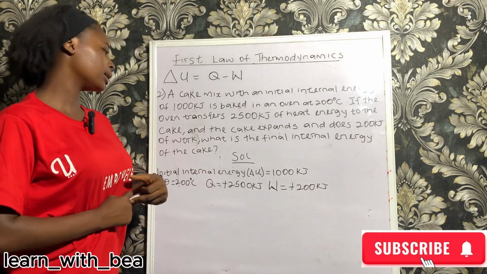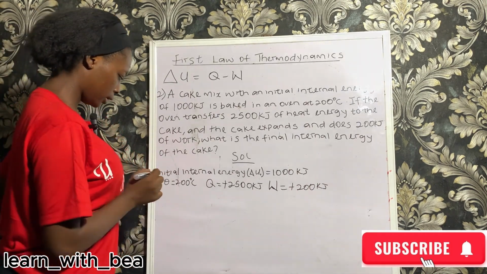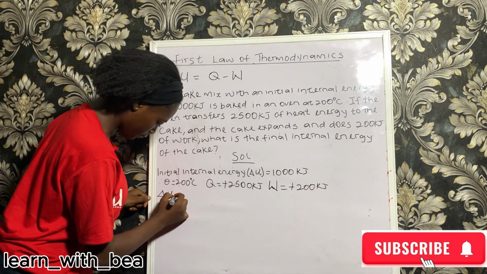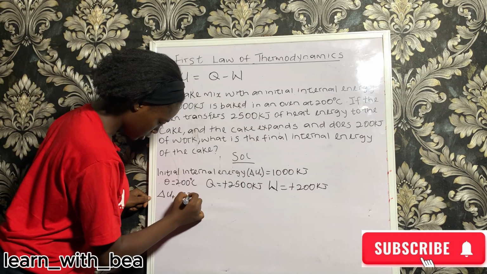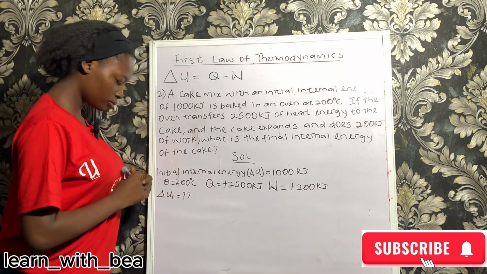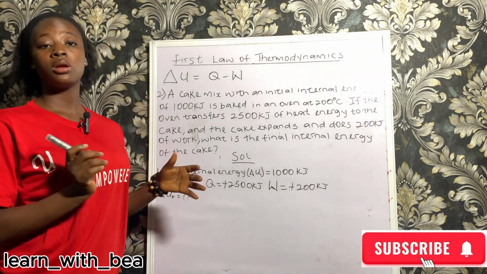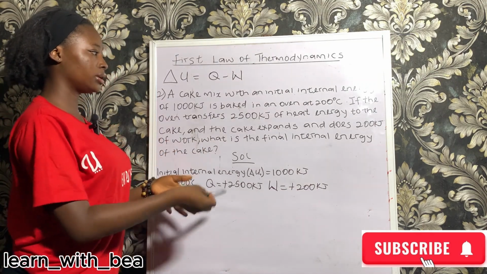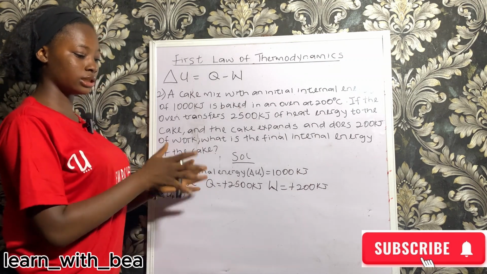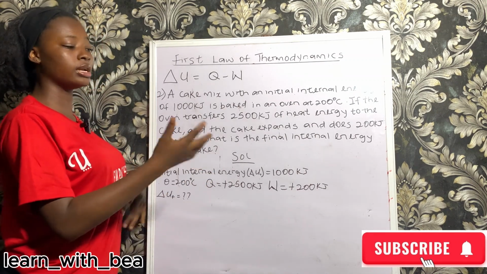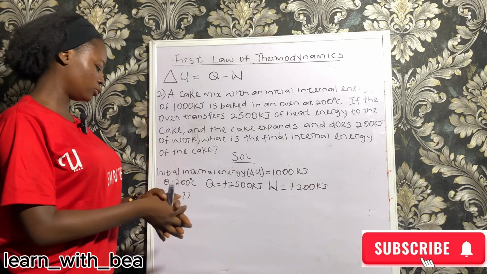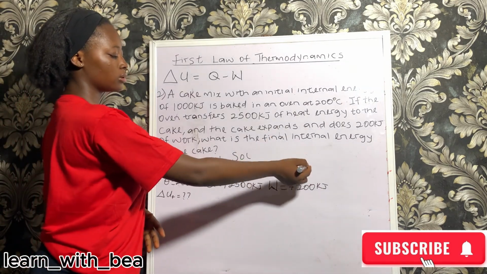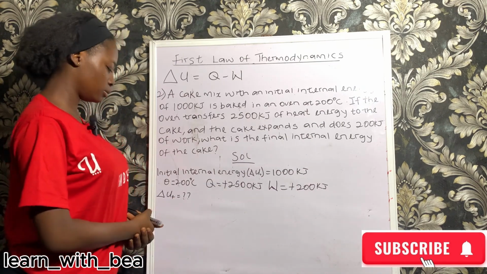What is the final internal energy of the cake? So delta U F is what we are looking for. In this case, we have an initial internal energy. Before they started baking the cake, there was an internal energy before, and they calculated that to be 1000 kilojoule.